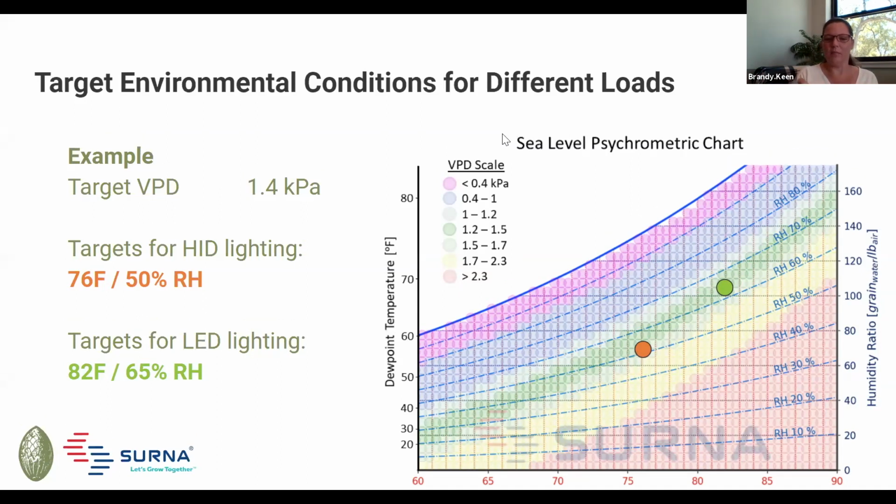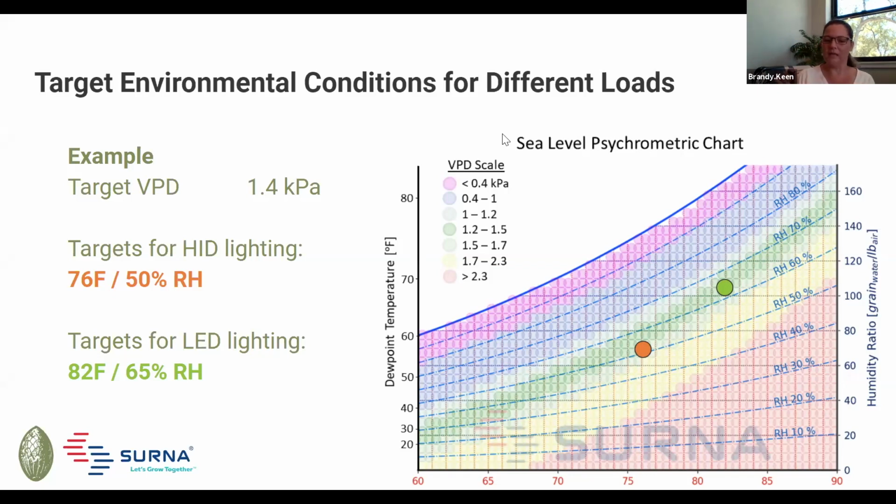What's interesting about this is that the lower the dew point temperature, generally, the less effective our heat exchange equipment is going to be at removing moisture from the air. And if you look at this chart, we've got these 2 points identified: your targets for LED and your targets for HID lighting.